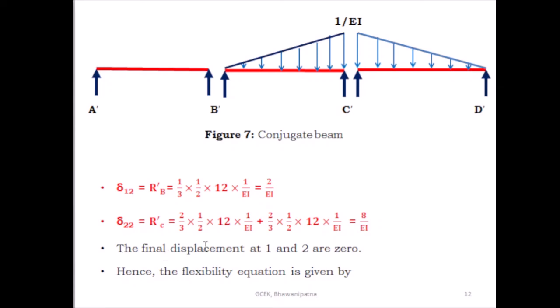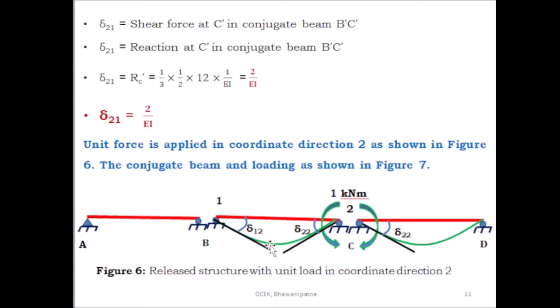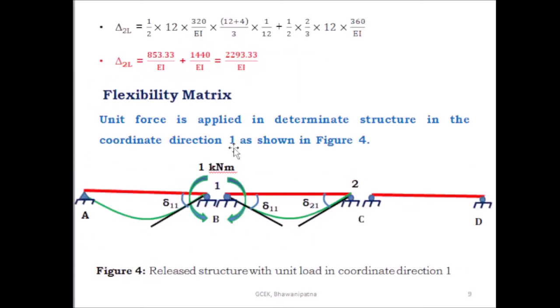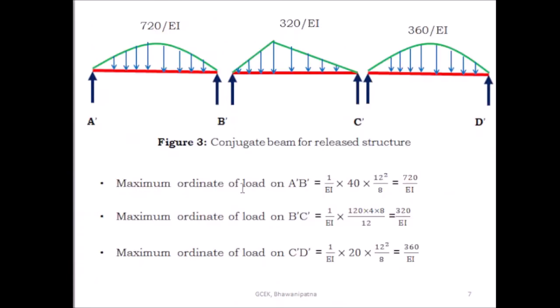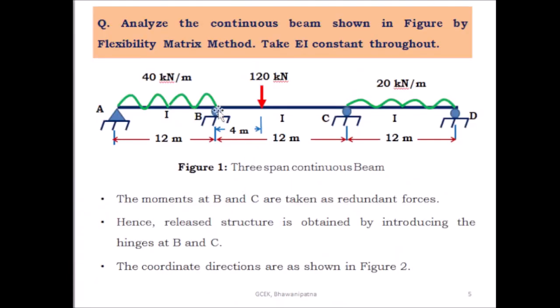Then you know the final displacements at 1 and 2 are zero, because from the question there is no displacement at B, and here also there is no displacement, because the supports are at the same level.